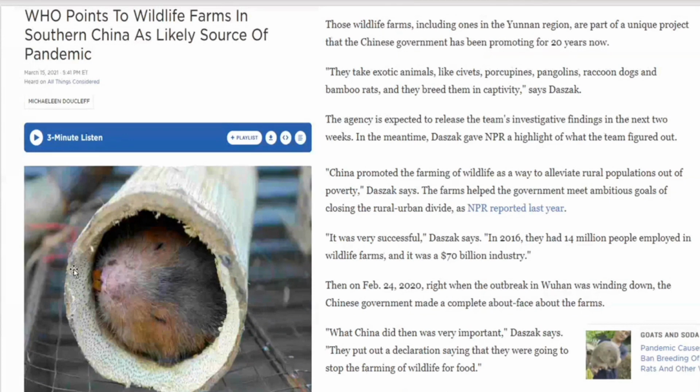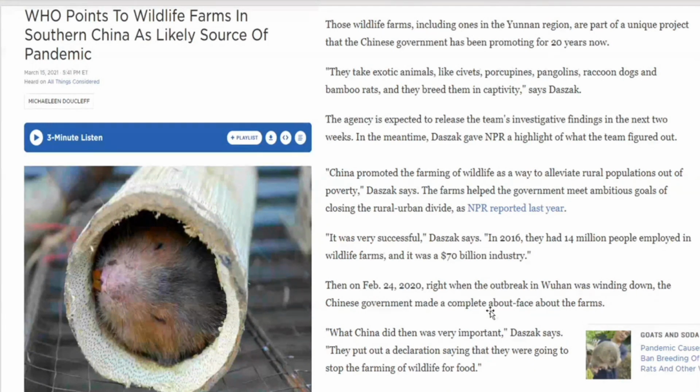So this is a live bamboo rat that was for sale at a market, for example, in Myanmar. This report basically revealed that it was from these wildlife farms that sell to markets all throughout, including the Huanan market in Wuhan, which is where it all started.